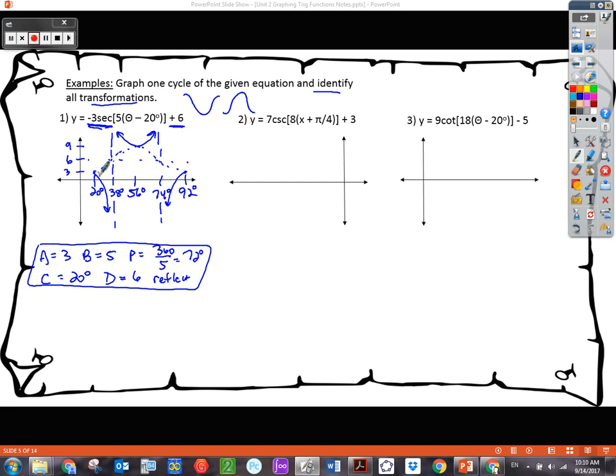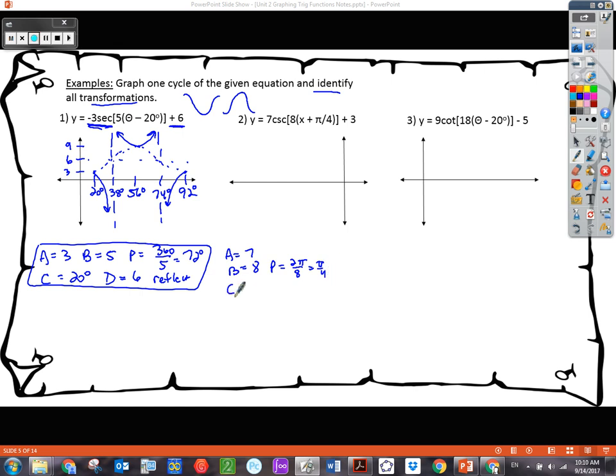All right, for number 2, I'm going to use the technique where we transform points. So I'm going to use that one because some of us like that one. I'm going to write down all this information first, the A, B, all that stuff. So let's do that first. So for this particular one, our amplitude is 7, B is 8, which means our period would be, so we're cosecant, and we're in radians, so we would be 2 pi over 8, or what, pi over 4.